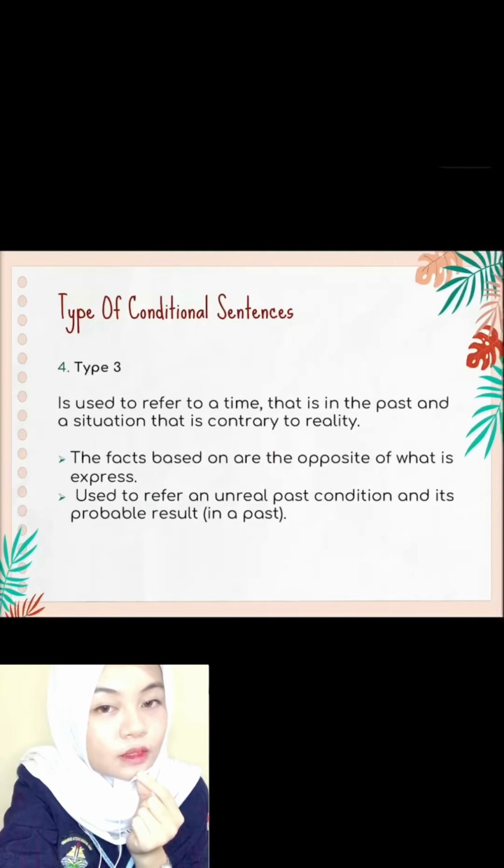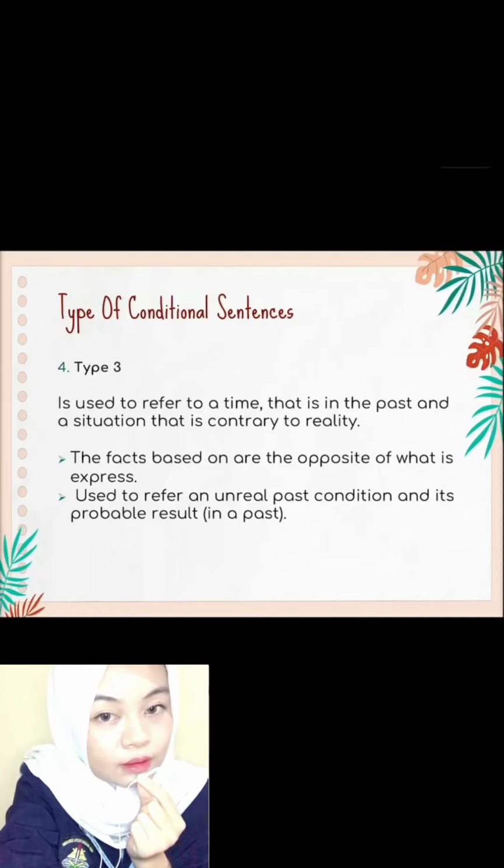Type 3 is used to refer to a time that is in the past and a situation that is contrary to reality. The fact is the opposite of what is expressed, used to refer to an unreal past condition and its probable result in the past.